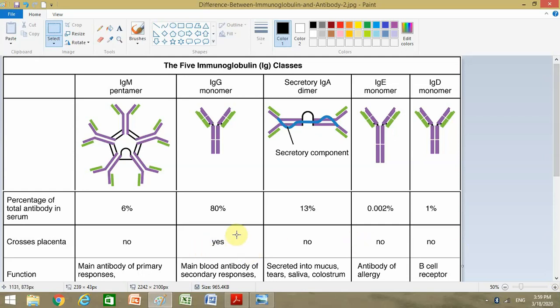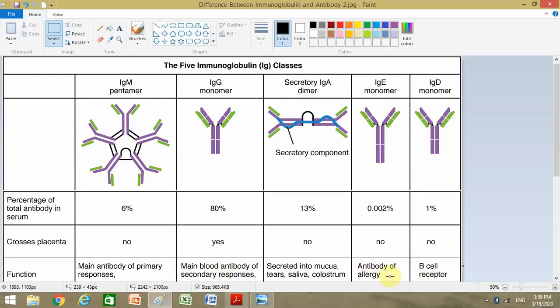For example, also, only IgG can cross the placenta. IgA is found in the secretions of the body, for example, in colostrum, which is the first milk produced after delivery, saliva, and tears. IgM is important in the primary immune response, which is the first time we attack an antigen, while IgG is found more in the secondary immune response, where it is the second time or the third time we fight the same antigen.